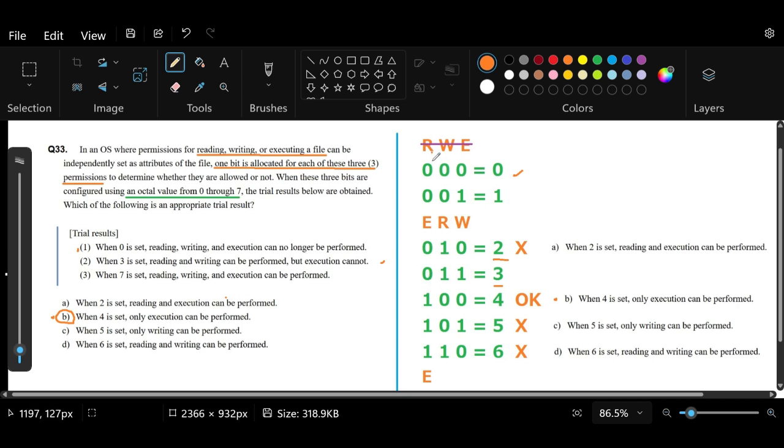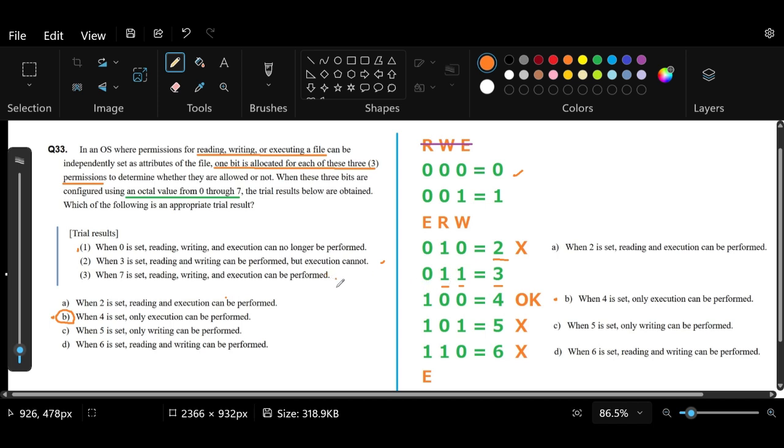But we can see that although writing is 1, reading is 0. So we need to change the sequence so that reading and writing are both okay and execution is 0. For example, we interchange the positions so that it's now ERW. Of course, you can try another order, but in this case we chose this one, and we'll need to check the third result. Reading and writing can be performed, that's why it's 1 here, and execution is 0.